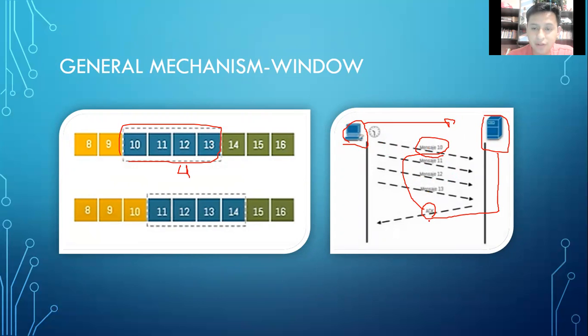When the computer receives the confirmation of message 10, it begins to send message 14, and this process repeats when the computer receives the confirmation of each message. Okay, in this manner we can accelerate the process.